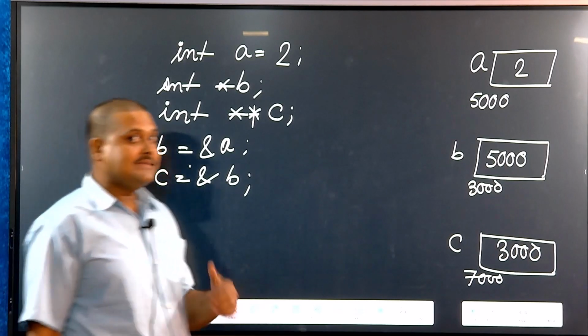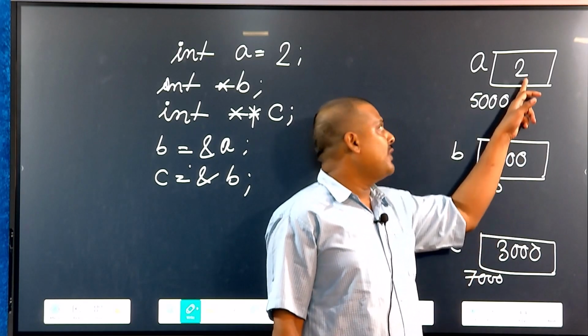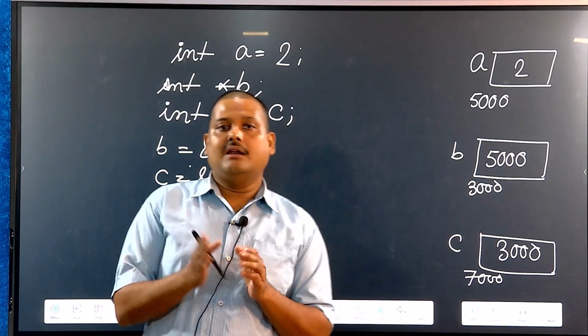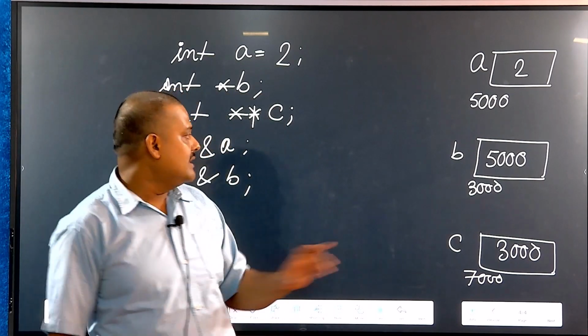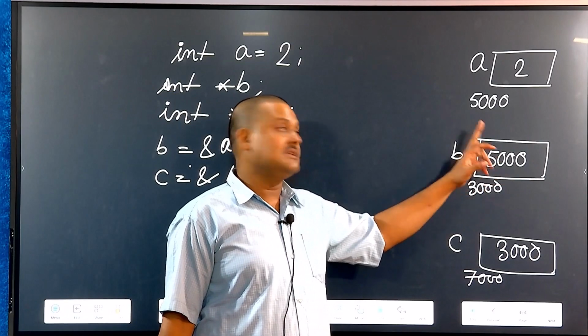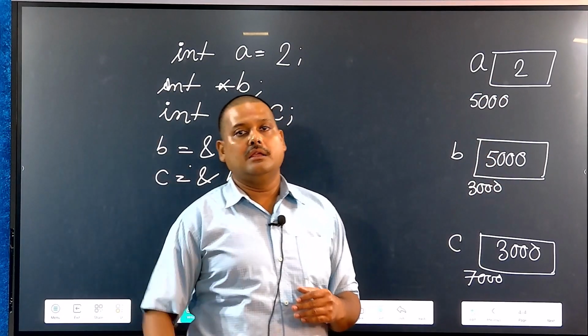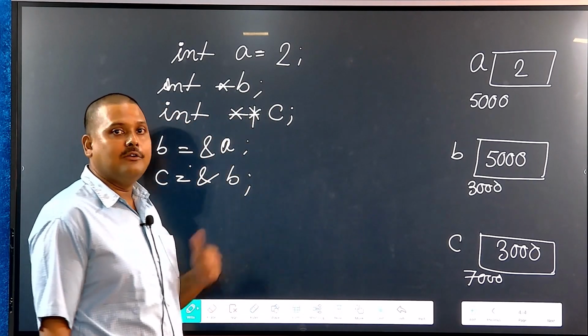Now what is happening actually? C is pointing to this location, this location is pointing to this location. This is like a link between all the locations. This location is pointing to this one, this location is pointing to this one, and this way you can extend to any number of values.